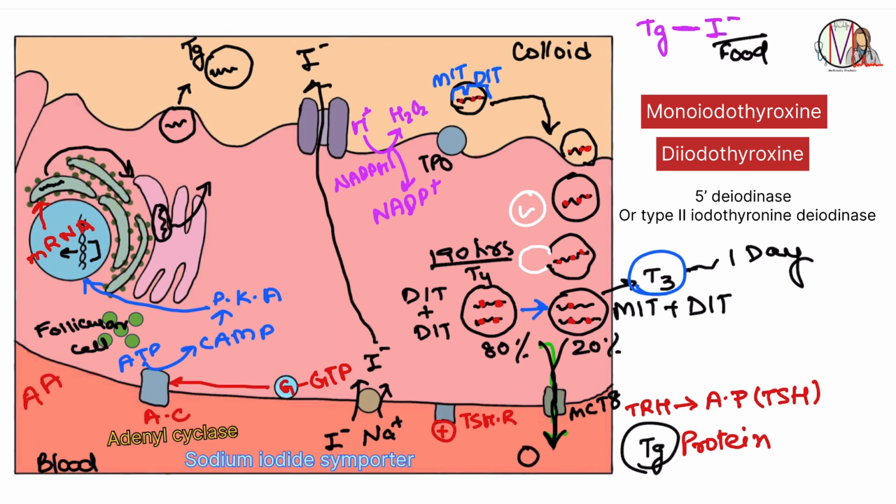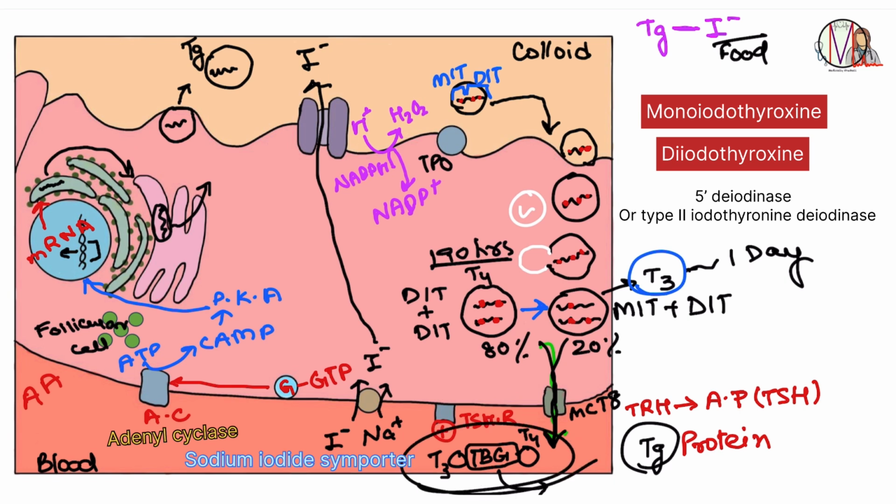And after coming into the blood, it binds to thyroxine binding globulin, that is TBG, because it can't move on its own in the blood. So it needs a vehicle, and that vehicle is TBG, which is a transporter for T3 and T4 that takes the thyroid hormones away from the cell.